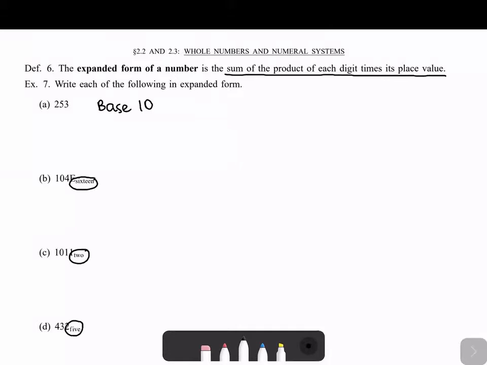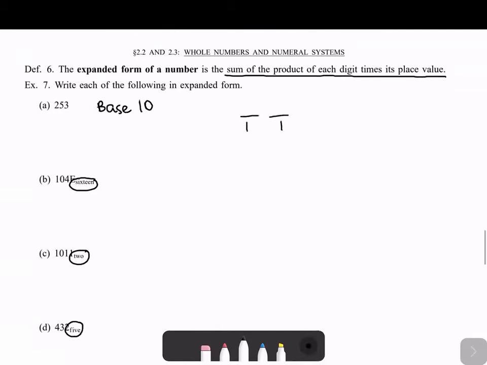So let's see why. Remember that we have these place values. Let me write them backwards like we've been doing. We have the ones place, the tens place, the 10 squared place, which is the hundreds place, and the 10 cubed. You notice that whenever I've written these, I've only ever gone to the cubed. That's a fair assumption to make, that in this class you won't have to deal with anything higher than the base B cubed power.